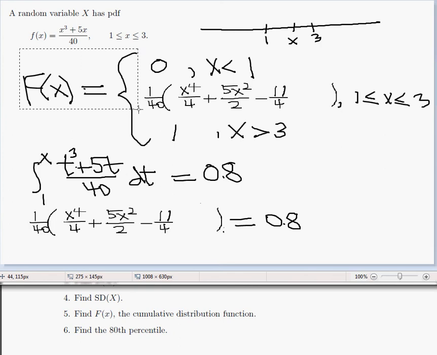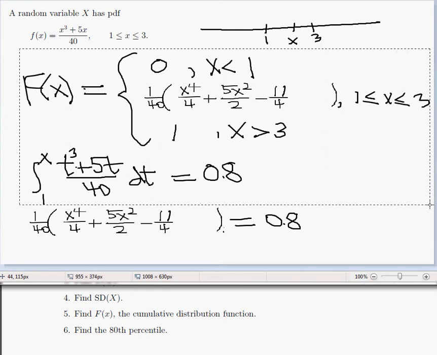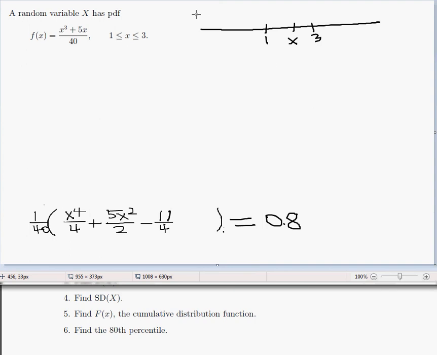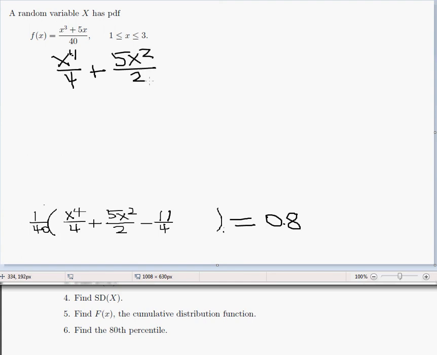To do this particular example, if I multiply by 40 on both sides, we get that x to the fourth over 4 plus 5x squared over 2 minus 11/4 is equal to 40 times 0.8, which is 32.